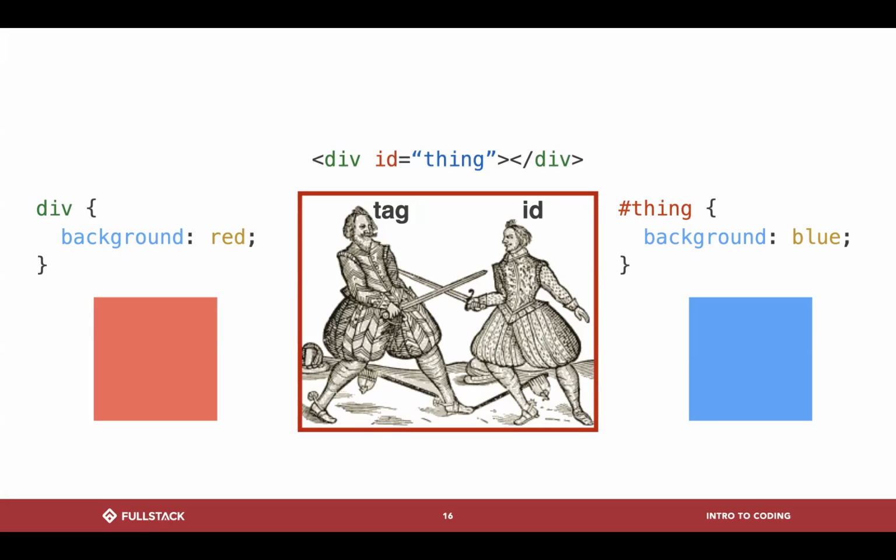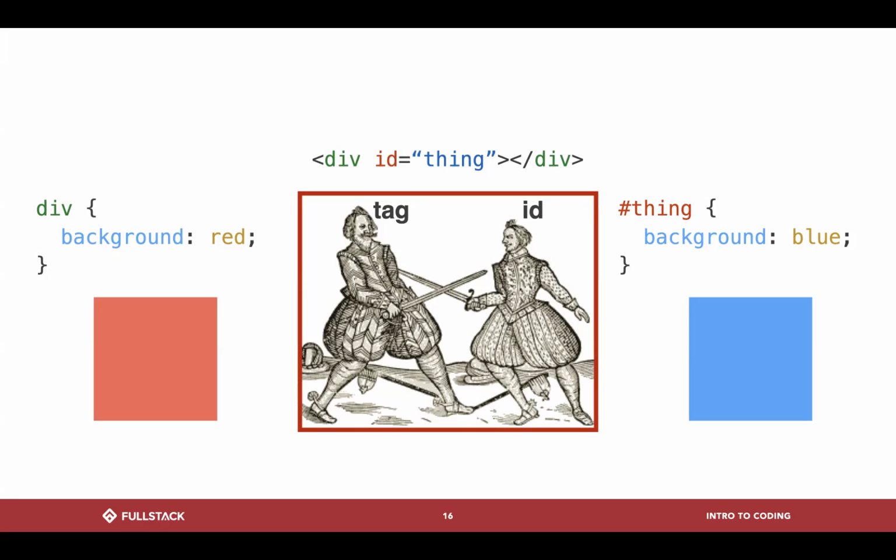So this whole set of rules for which one wins out is based on this thing called specificity, which is how specific your CSS rule, your selector, is. The one on the left is trying to apply a style to all divs on the page, whereas the one on the right is trying to apply a style to exactly one thing.